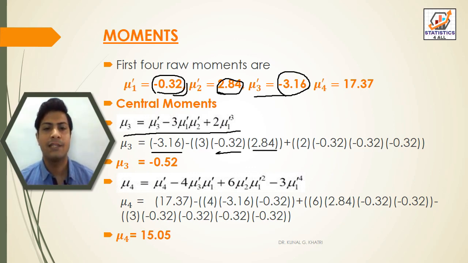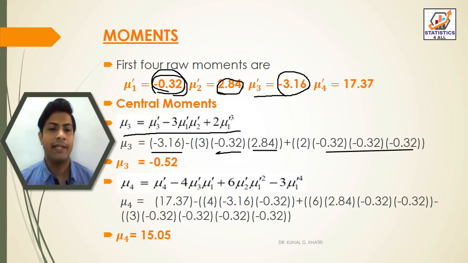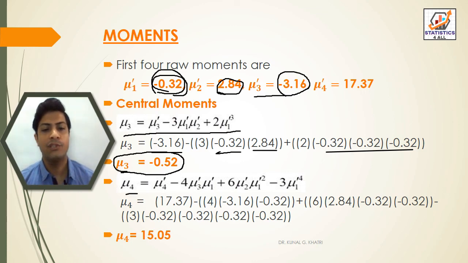So mu 1 dash cube is equal to this value. After solving this, we get mu 3 equal to minus 0.52.